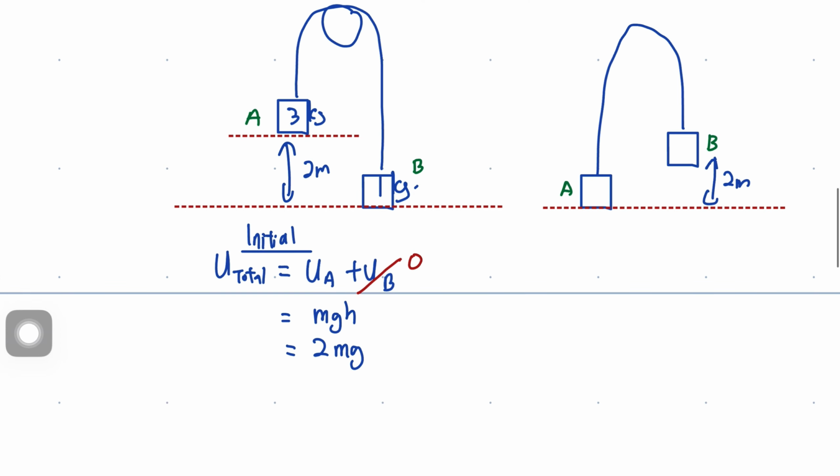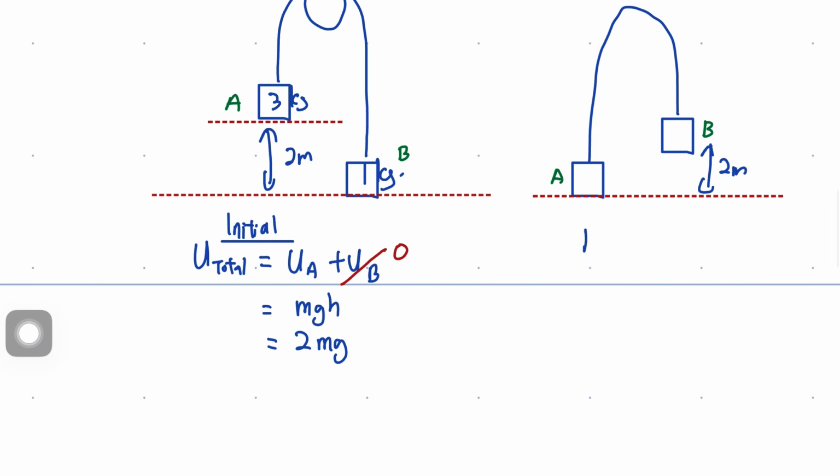Now I'm going to calculate the final total potential energy. So for the final, again I'm going to sum the potential energy for A plus the potential energy for B. Since A is now located on the ground, the potential energy for A would be equal to 0.